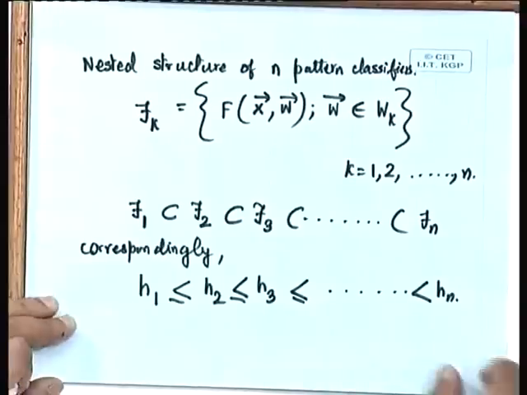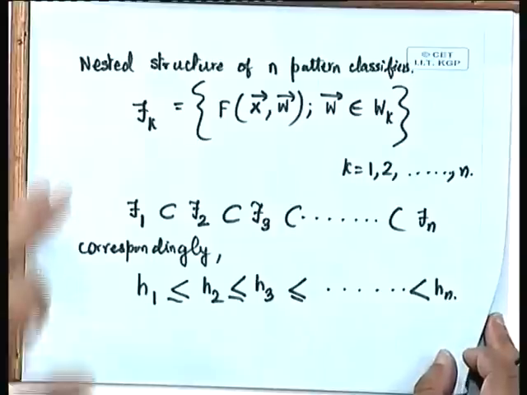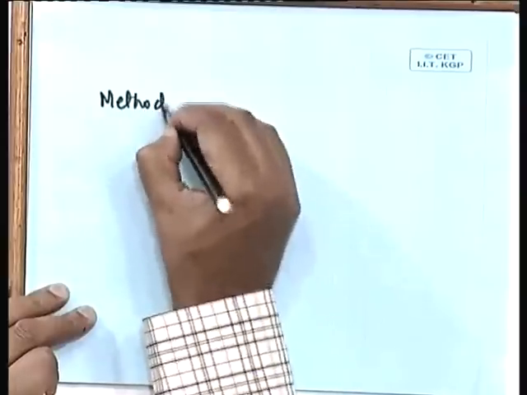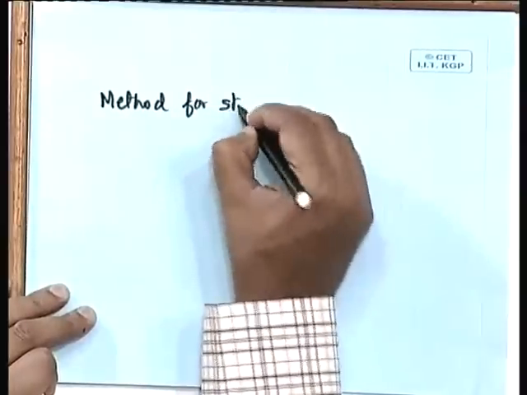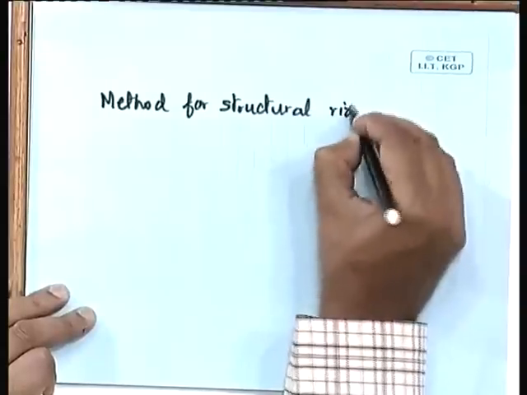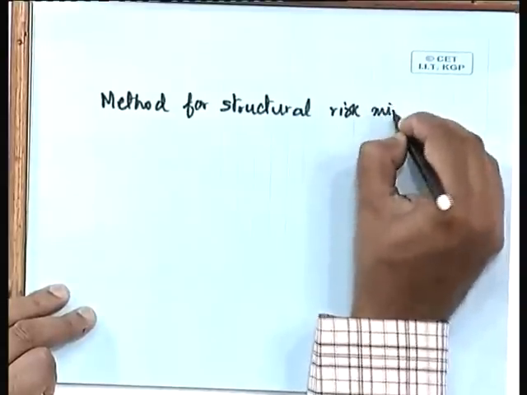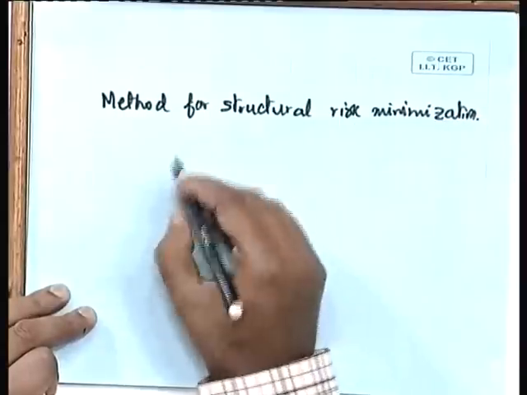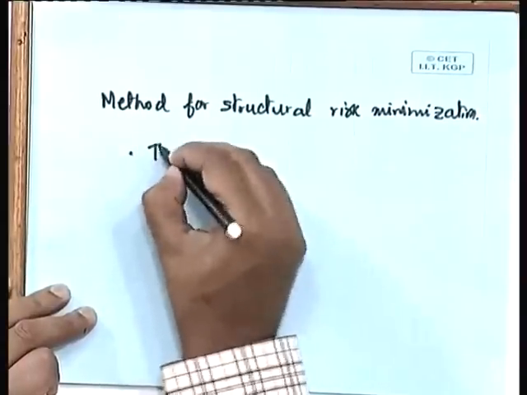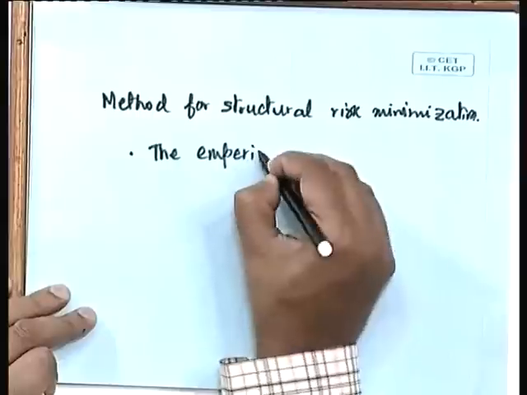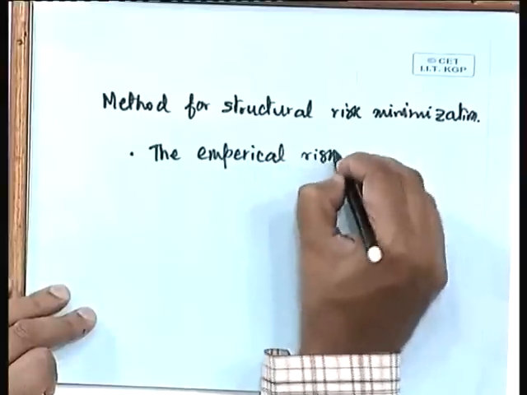Okay. So, if we consider a nested structure of pattern classifiers like this, then the method for structural risk minimization that we should follow is that the empirical risk, which means the training error, is minimized for each pattern classifier.